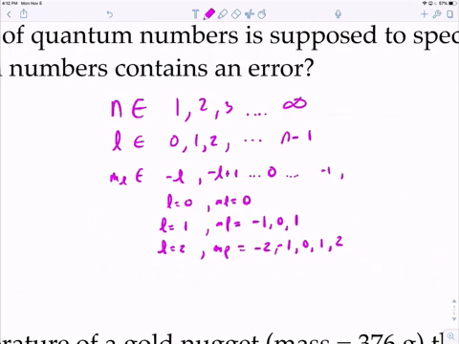So m sub L is bound by L such that it can be minus L in integer steps up to L. So if L is 0, m sub L has to be 0. If L is 1, m sub L can be minus 1, 0, 1. If L is 2, minus 2, minus 1, 0, 1, or 2.